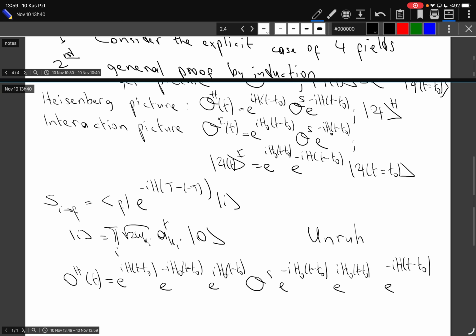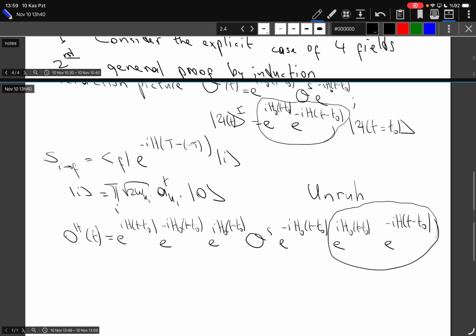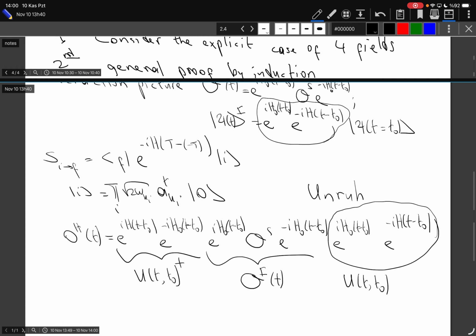Now, if you look at this operator, it is essentially this operator over here, which is the evolution operator for the states in the interaction picture. Let me just call it U(t, t0). This is my interaction picture operator at time t, and this is U(t, t0) dagger.